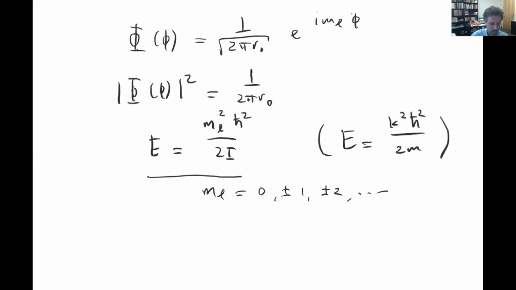Now, the important difference here between the particle in the box and the particle on the ring is that, unlike the particle in the box, the lowest value of this quantum number is going to be 0. And that means the lowest possible value of the energy is 0.